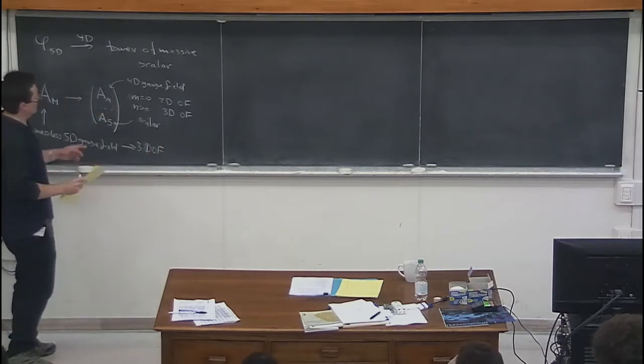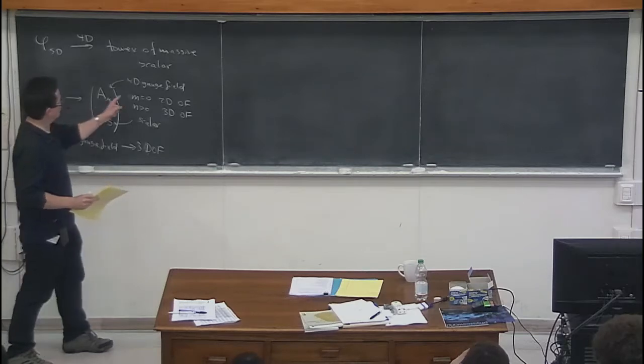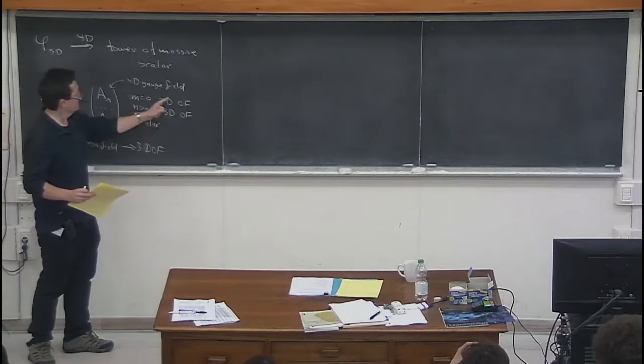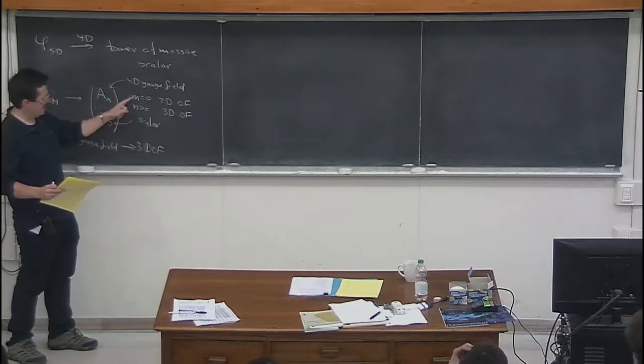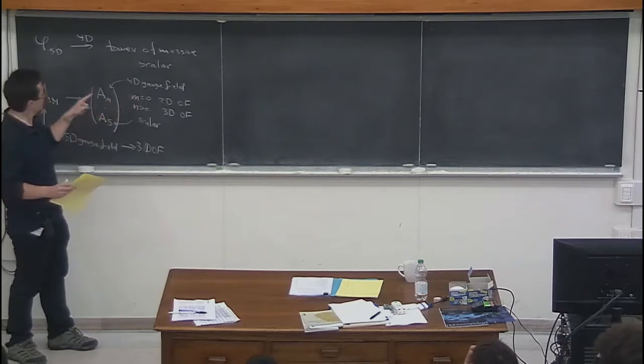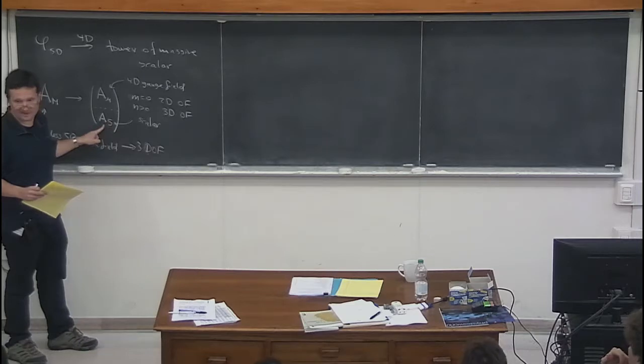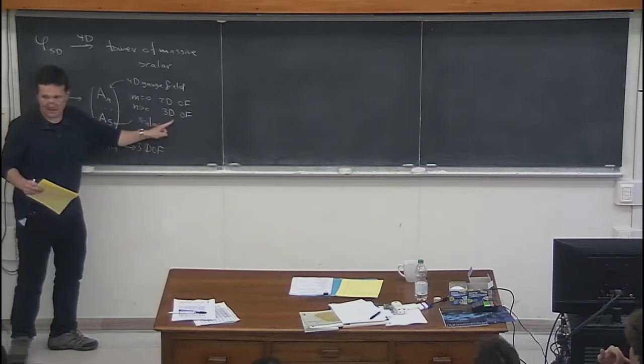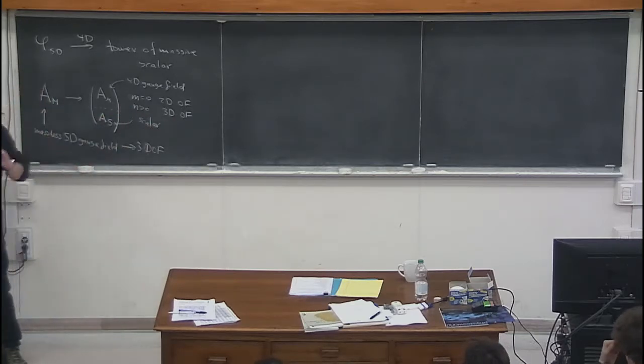And so what happens is that at the massless level, that 3 can indeed break up into a massless 4-dimensional gauge field and a massless 4-dimensional scalar. But at the higher n level, there will only be a massive 4-dimensional gauge field.